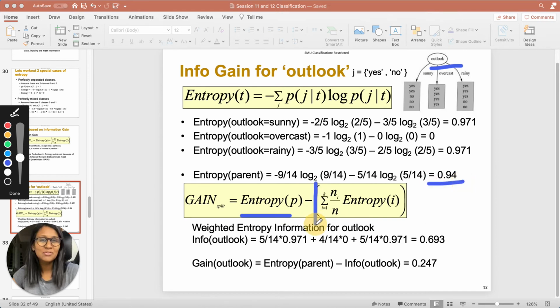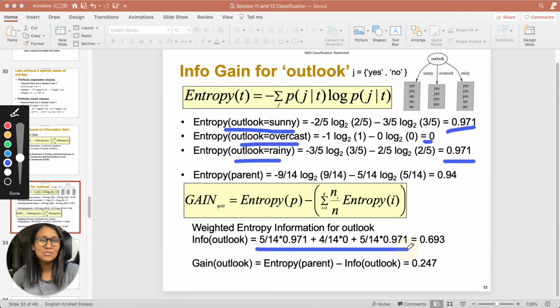What we have to do is we have to find out the combined entropy of the child nodes. Now remember, there are 3 child nodes here: sunny, overcast and rainy. We have an entropy of each of those already calculated. We just have to combine it based on the weights of that node. So what is this n_i over n? That's what we want to calculate.